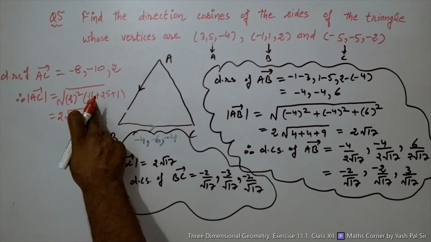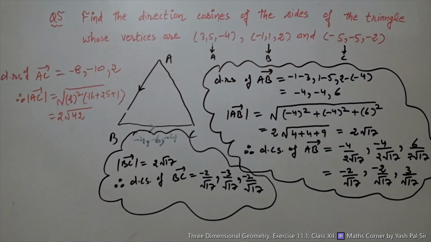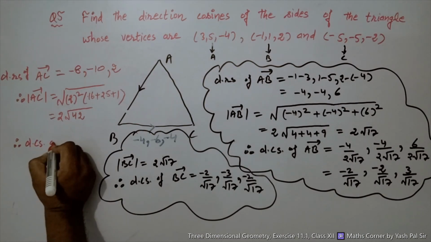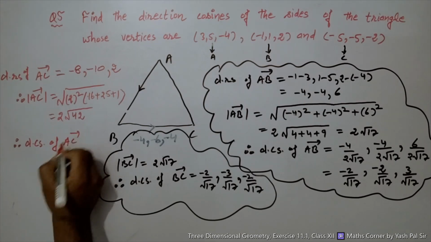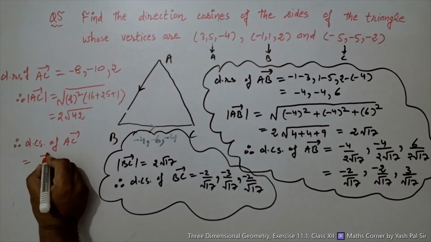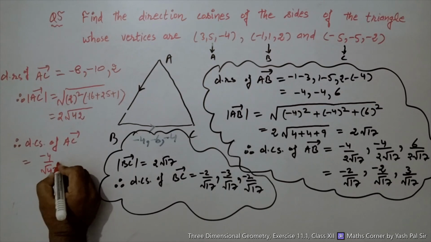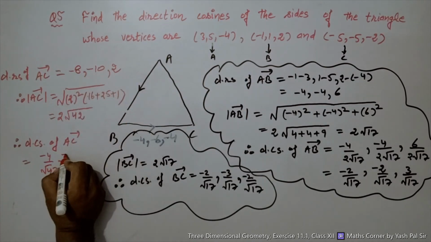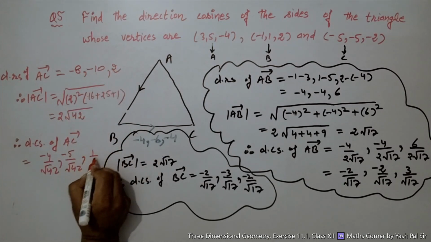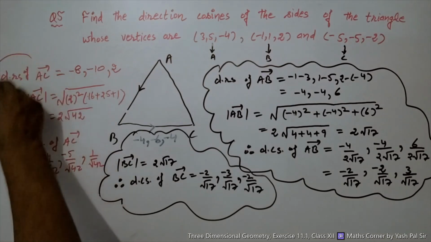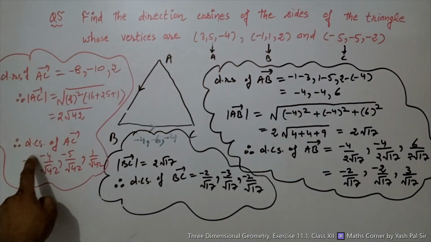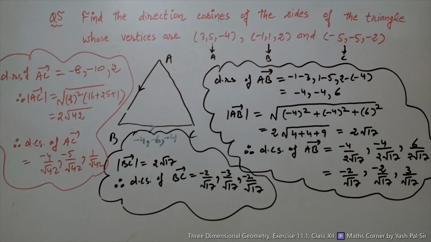So this is 2 square root of 42. Therefore direction cosines of the side AC are equal to -8 upon 2 square root 42, that is -4 upon square root 42, -5 upon square root 42, 1 upon square root 42. So this way we can convert the direction ratios into direction cosines.